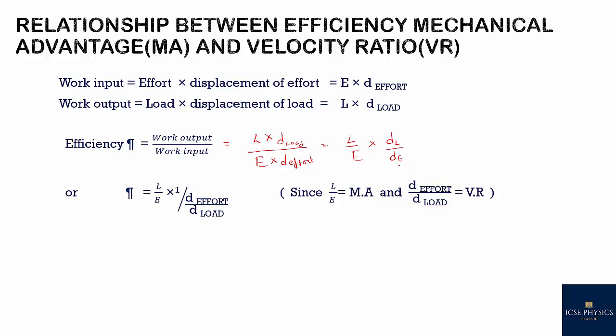And what is D E by D L? It's VR, right? We know D effort by D load is VR. So in place of L by E, we can write MA, and in place of D E by D L, we can write VR. So here what we get, efficiency is equal to MA by VR. Now what will be MA then? It's efficiency into VR. So this is the relationship between mechanical advantage, velocity ratio and efficiency.